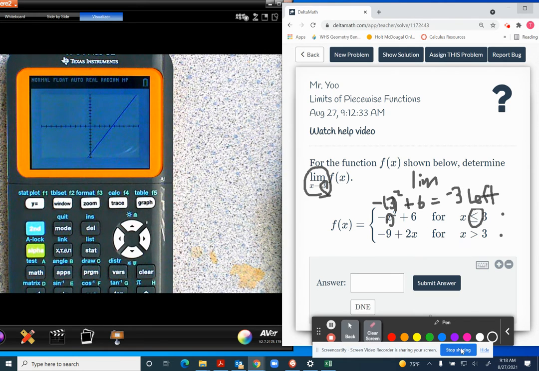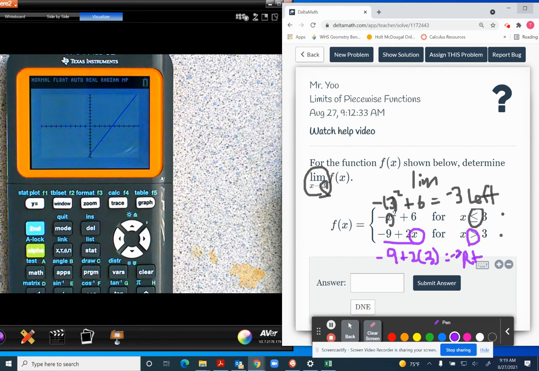All right, now I need to check the right side, which is this one. This is your right side. I need to plug in what value here? 3. So -9 plus 2 times 3 will give you what? -3.